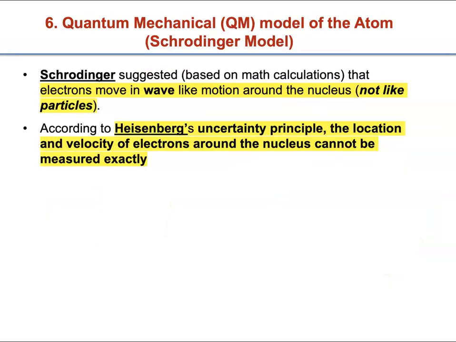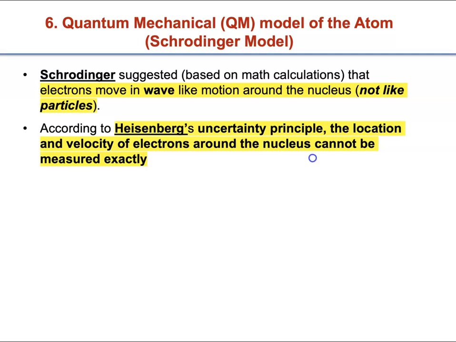Finally, we are going to the quantum mechanical model of the atom, also known as the Schrodinger model. Schrodinger suggested, based on mathematical calculations, that electrons move in wave-like motion around the nucleus, not as the particles they were thought of being.